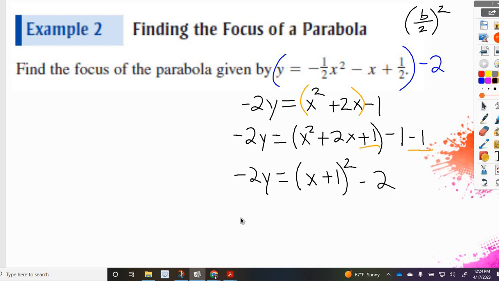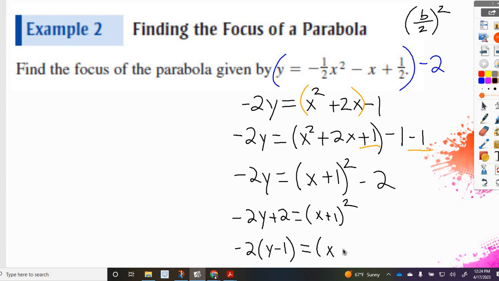We do, because remember this time our x plus 1 squared needs to be all by itself. And then the other thing is we don't want there to be a number in front of y. So our last step is to factor out that negative 2. We end up with negative 2 times y minus 1 equals x plus 1 squared.